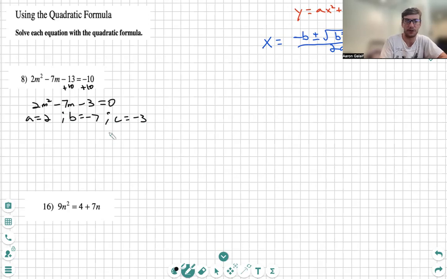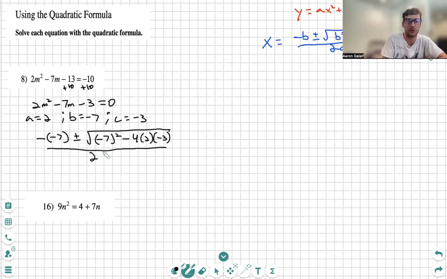All right. First thing we do is we write negative b plus minus the square root of b squared. We can rewrite it first. B squared minus 4 times 2 times negative 3 all over 2 times 2. And we continue.